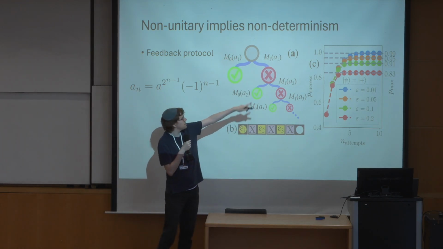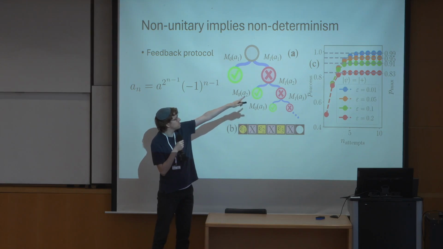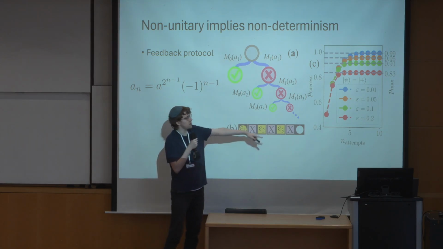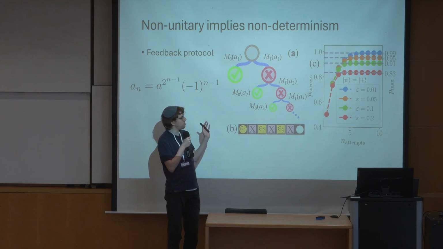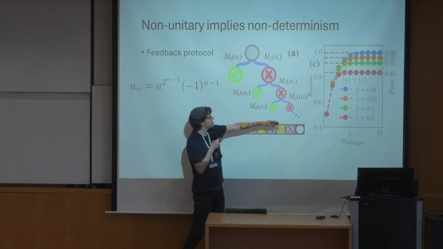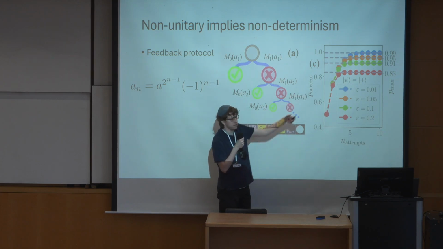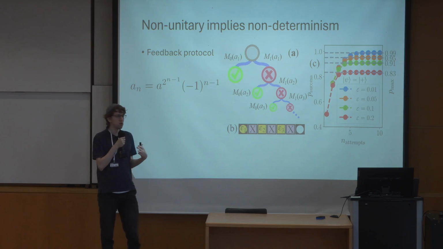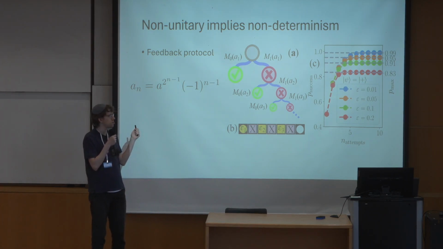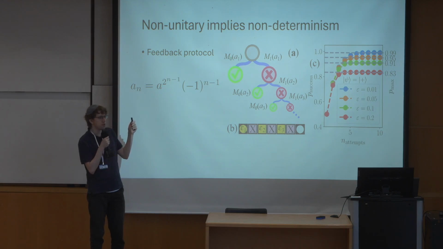There is also a relation for the maximum probability that depends on epsilon. If you try to do it with very, very low epsilon, then you can still achieve very, very high probability. We think about this as: lower epsilon means lower non-unitary nature. So basically you try to move things very slowly.